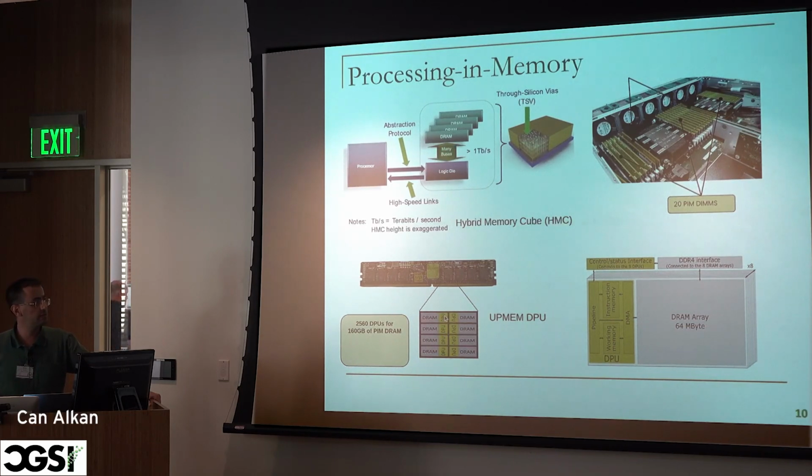There are different models of these, but some of the high-end models have more than 2,500 DPUs. I believe they are data processing units. They have direct access to the DRAM. And the DRAM is also structured in a way that there are caches within it, called the working RAMs or the WRAMs.